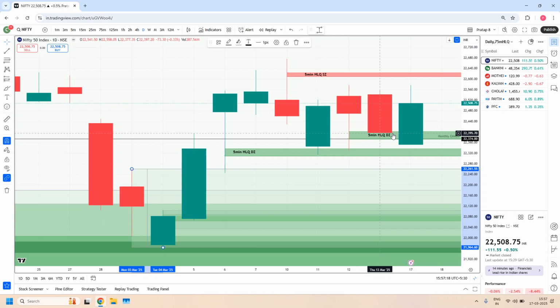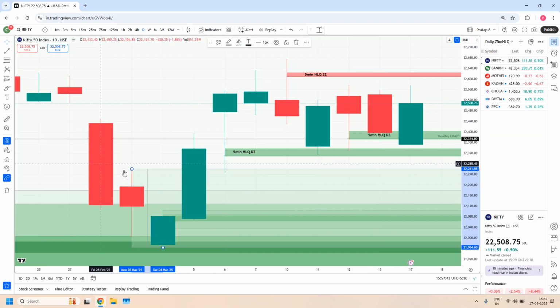Such things were observed in the past. But before that, for 3 to 5 days, or maybe 6 days, I haven't seen 6, I think maximum 5, I have seen in the past, no HLQ zone trades were executed. But we'll see. This is the continuous third trading session we did not get any of our HLQ trades executed.